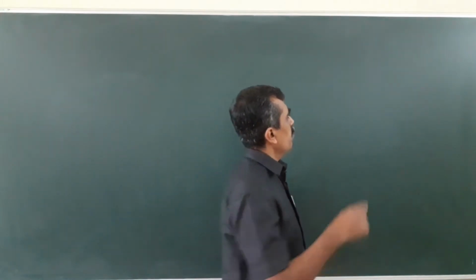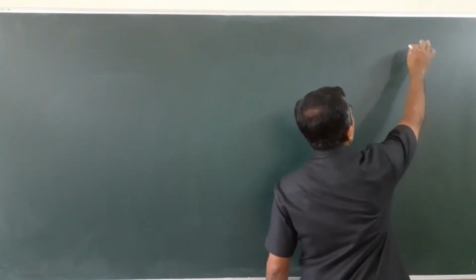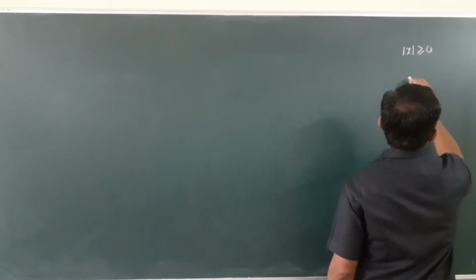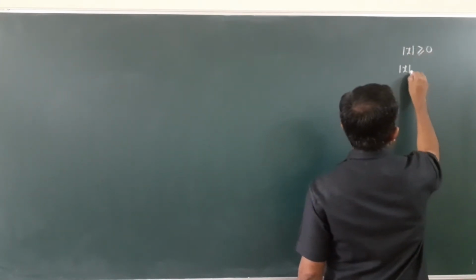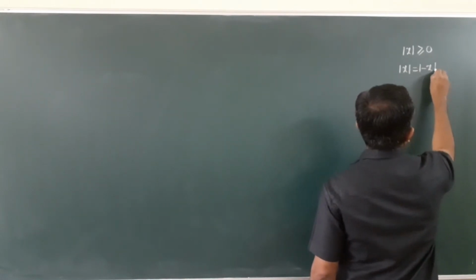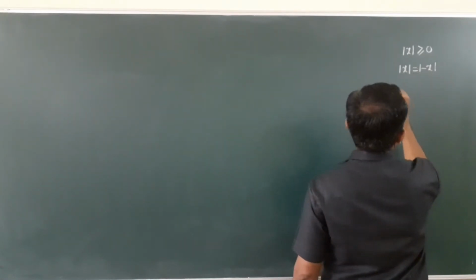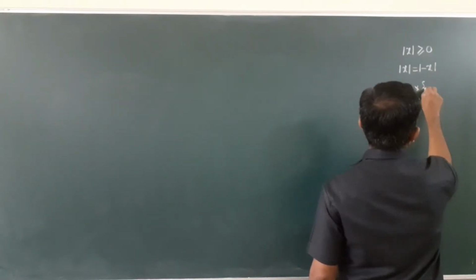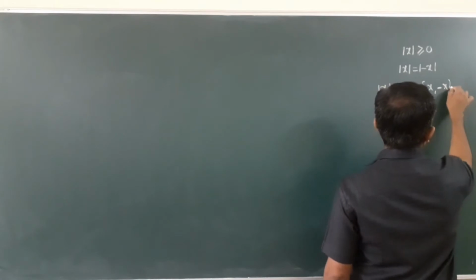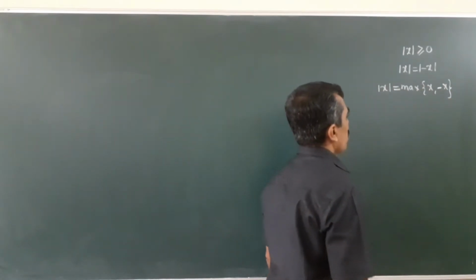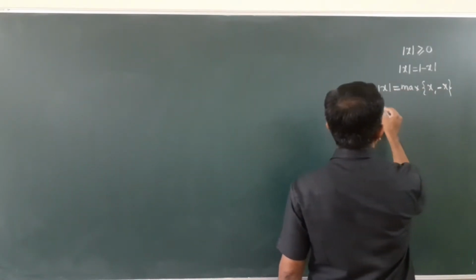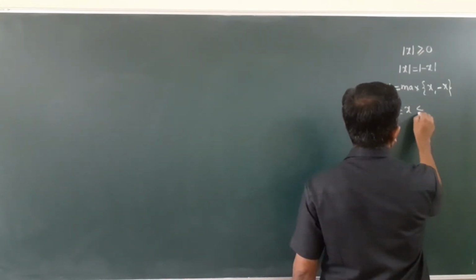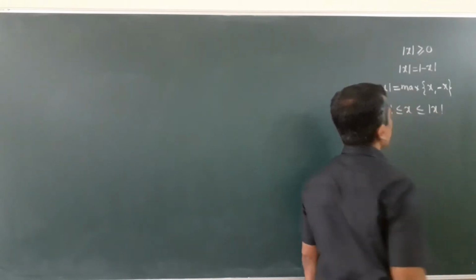So, last time we have seen some properties of mod x like this: mod x is always greater than or equal to 0, then mod of x is the same as mod of minus x, then mod x is the maximum of x comma minus x. Then we have seen minus mod x is always less than or equal to x, and it is less than or equal to mod x.